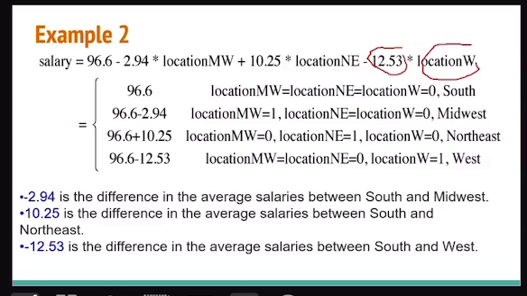You can reference any level of the categorical predictor. Does that make sense? All you need is one of the levels in a reference category that you're going to be comparing the others with. So the essence of having a categorical predictor is for comparison. Does that make sense?